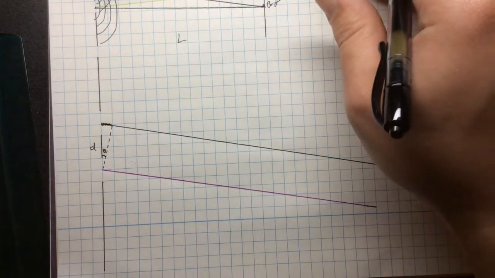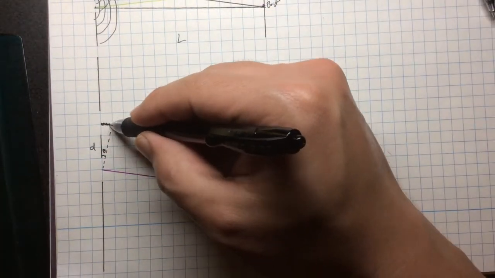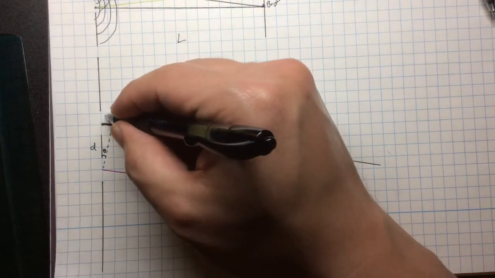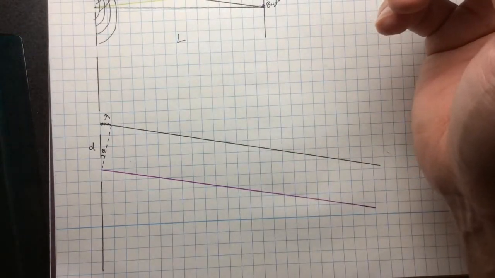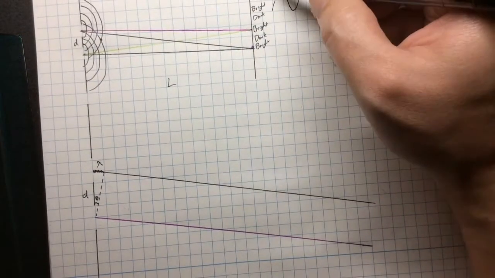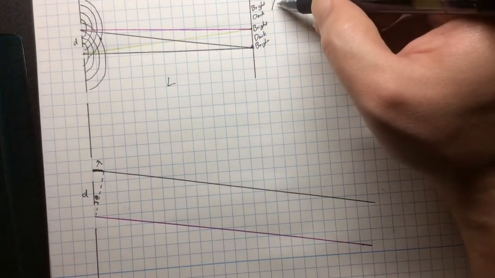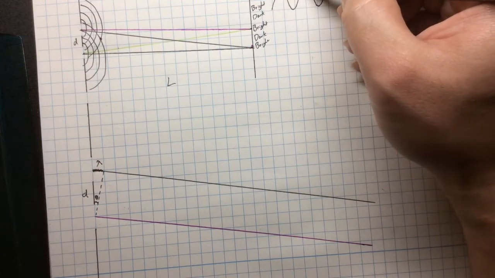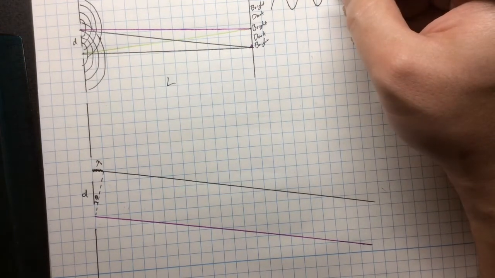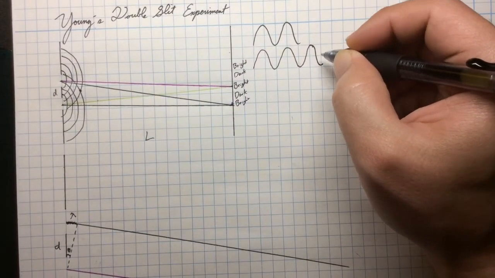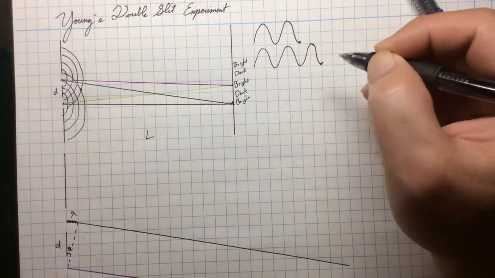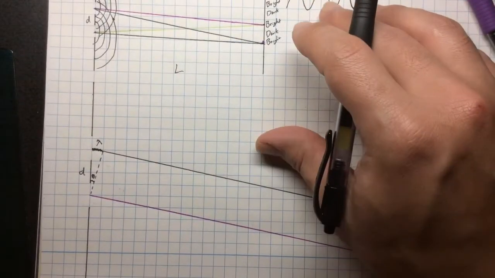And the key that we're looking for, to get a bright spot, is for this distance to be one wavelength. Because if we go a little bit farther, we want to be right here again in order to get constructive interference for this first bright spot.